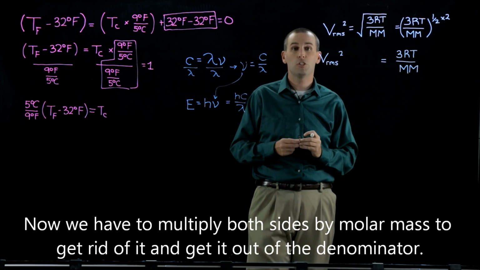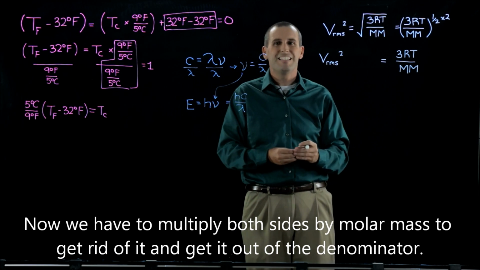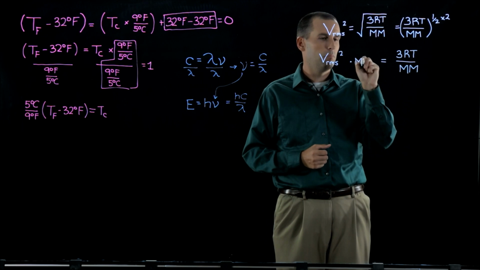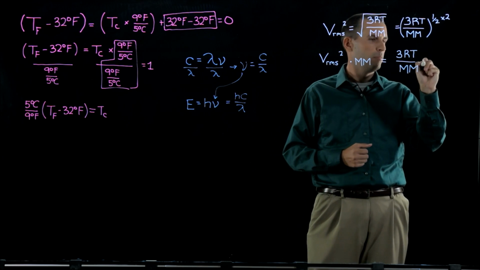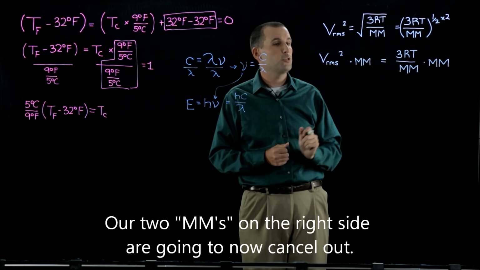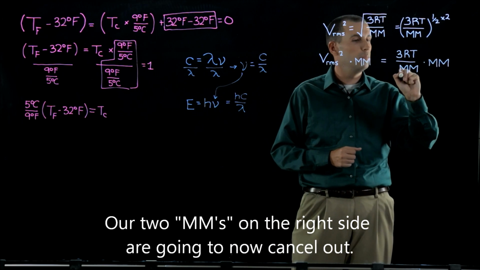Now we have to multiply both sides by the molar mass to get rid of it and get it out of the denominator. Our two MM's on the right side are going to now cancel out.